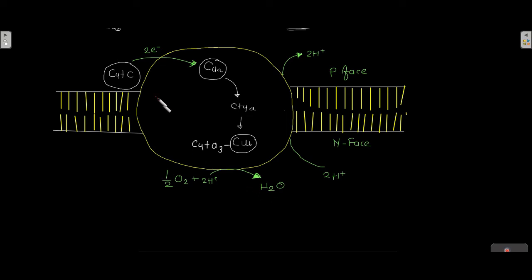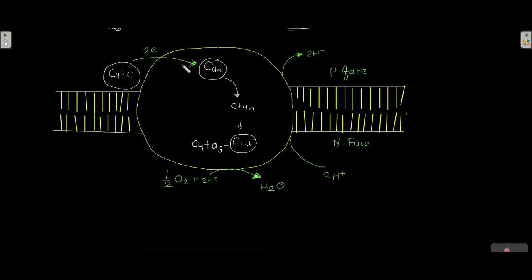The electron goes from cytochrome C to CuA, then to cytochrome A, then to the CuB cytochrome A3 complex, and from here it goes to oxygen, and water is formed inside your mitochondrial matrix.